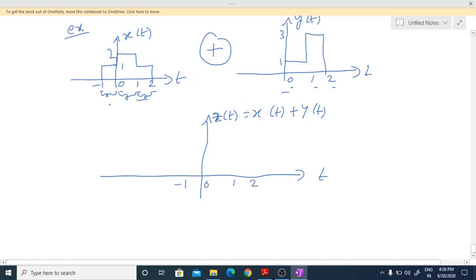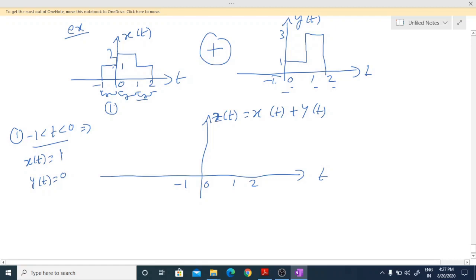In the first region, -1 to 0, the x of t amplitude is equal to 1, and the y of t amplitude is equal to 0.